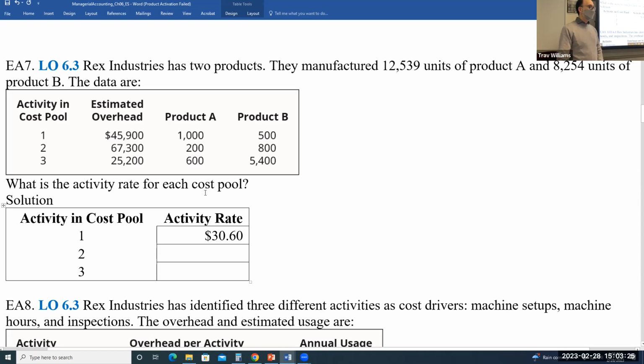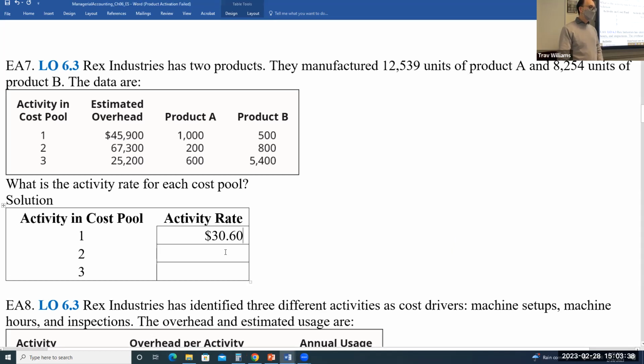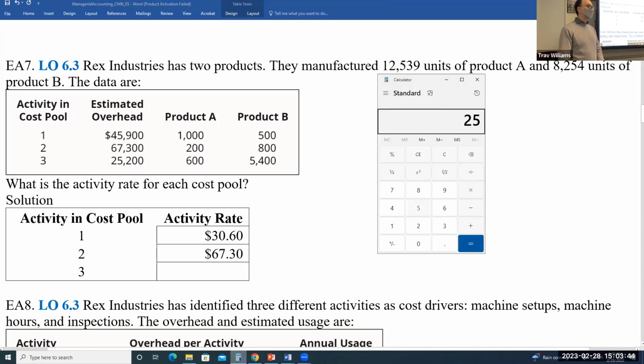And how about for number 2? 67,300 of overhead divided by how many activities? 1,000. We get $67.30 per activity. And for the last one, we take 25,200 divided by how many activities? 6,000.